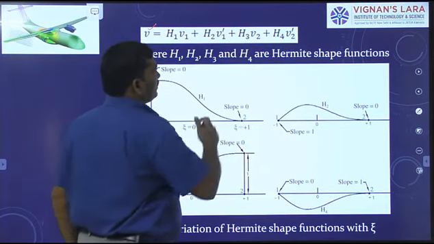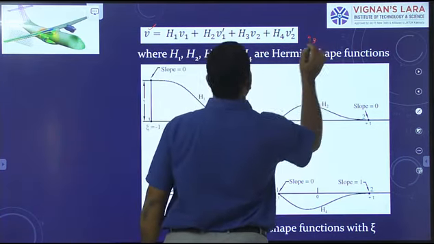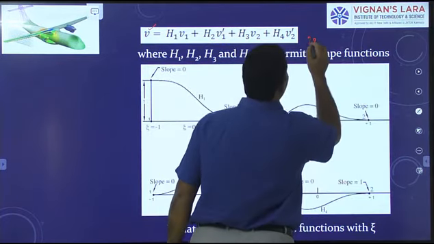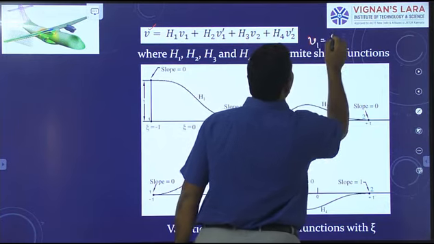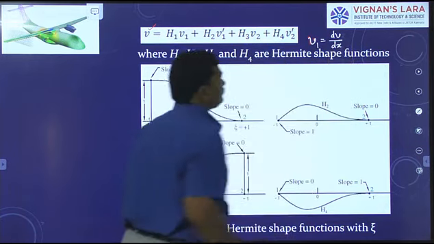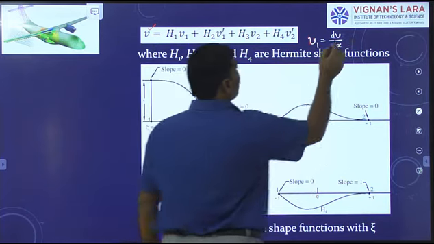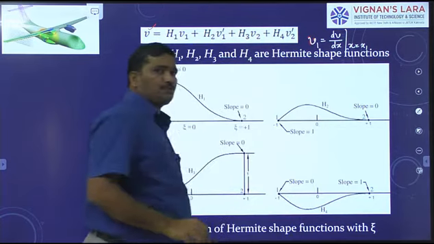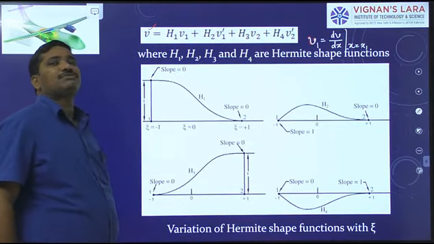What is V1 dash? V1 dash is equal to dV by dx at x equal to x1. Remember, the first node is specified by the coordinate x1.